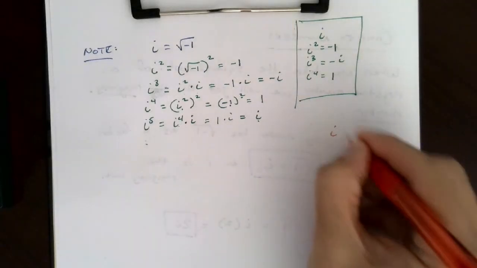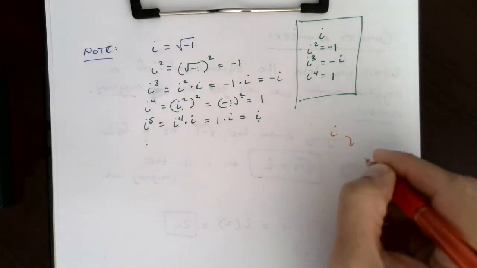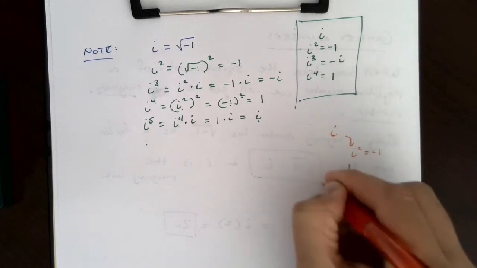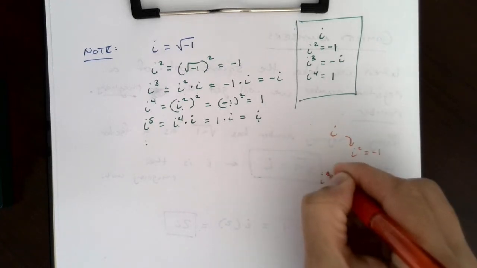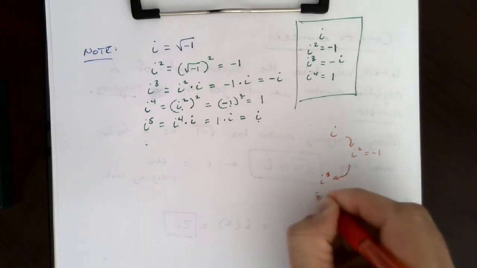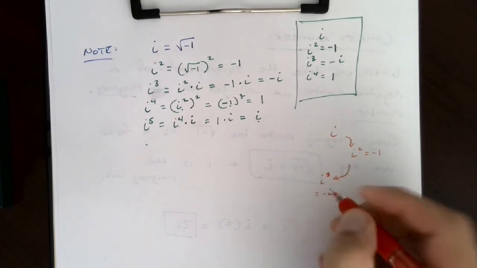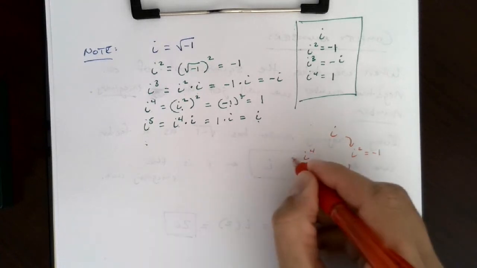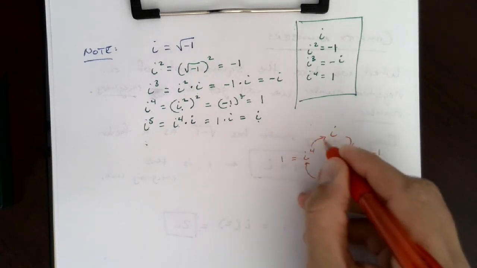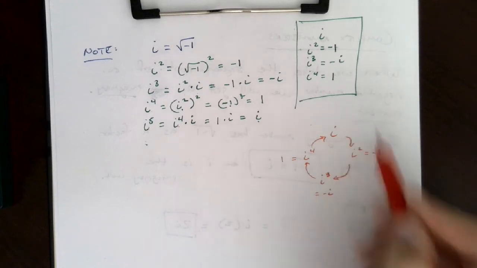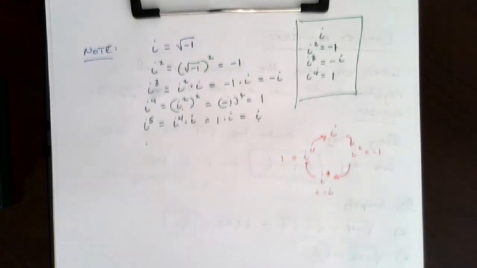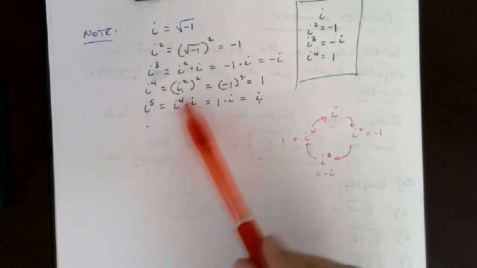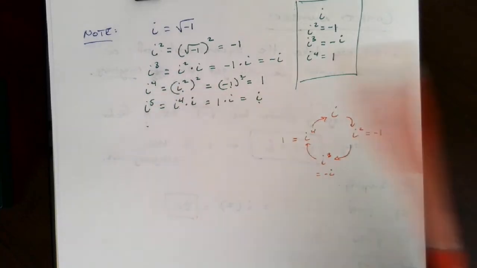You start with i, and then you get i squared, which equals negative 1, and then the next one would be i to the third, which we know equals negative i, and then you get i to the fourth, which equals 1, and then back to i for any higher power. So what we're going to do is use this to help us simplify higher powers than 4.